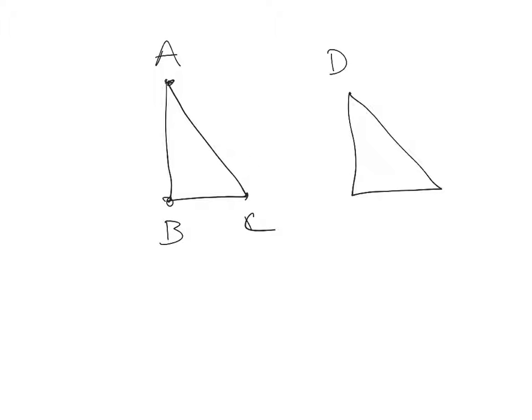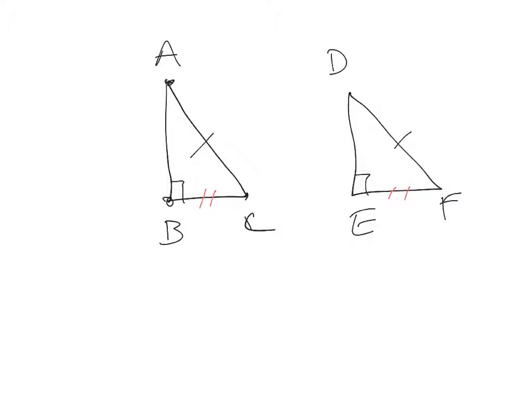Let's say we have triangle ABC and triangle DEF. And let's say we prove these two, they're both right triangles, and we said, okay, we know that their hypotenuse is equal, and we know that one of the legs is equal.